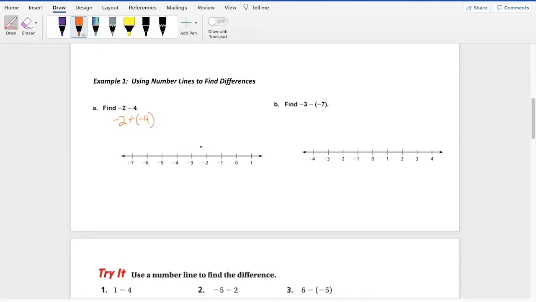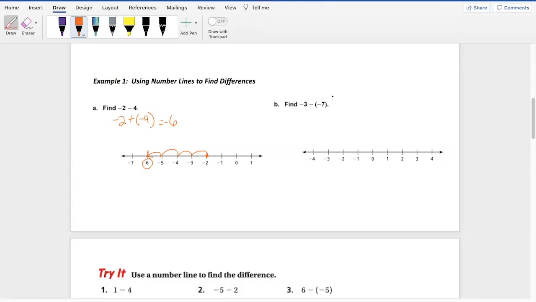Those are the same problem there. So if I'm at negative 2 and I'm going to add negative 4, I have to go left 4. And I can see I end up at negative 6. And that goes back to our last lesson there. They were the same sign, so I add those together and I keep that same sign, negative.